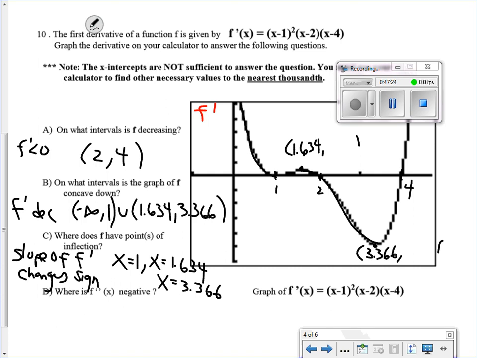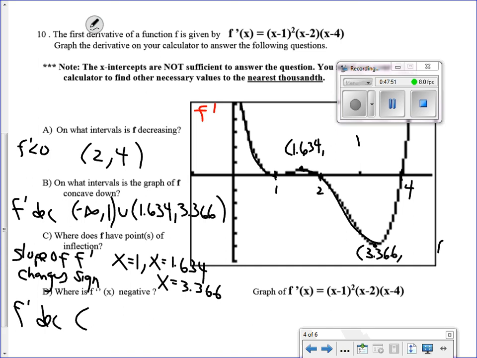Okay, part D. Where is the second derivative negative? The second derivative is negative when the first derivative is decreasing. That's the same thing we did for B, so we get the same answer, the same intervals. Asking where a function is concave down is the same as asking where the second derivative is negative.